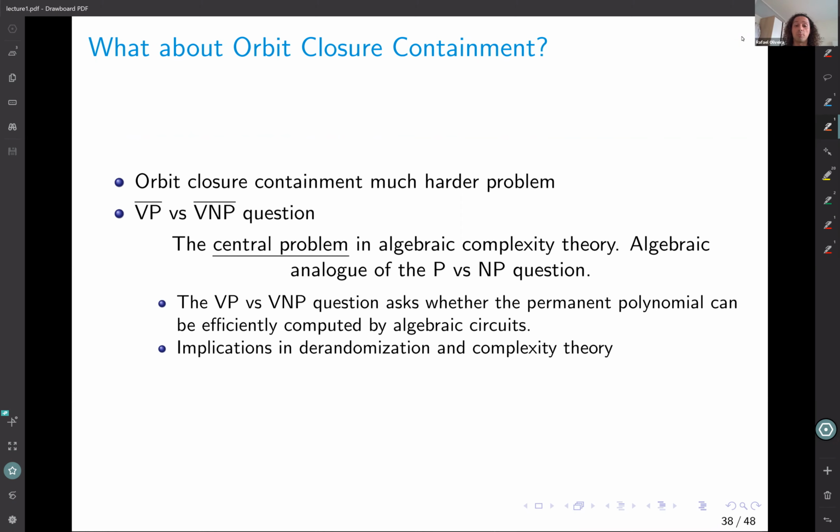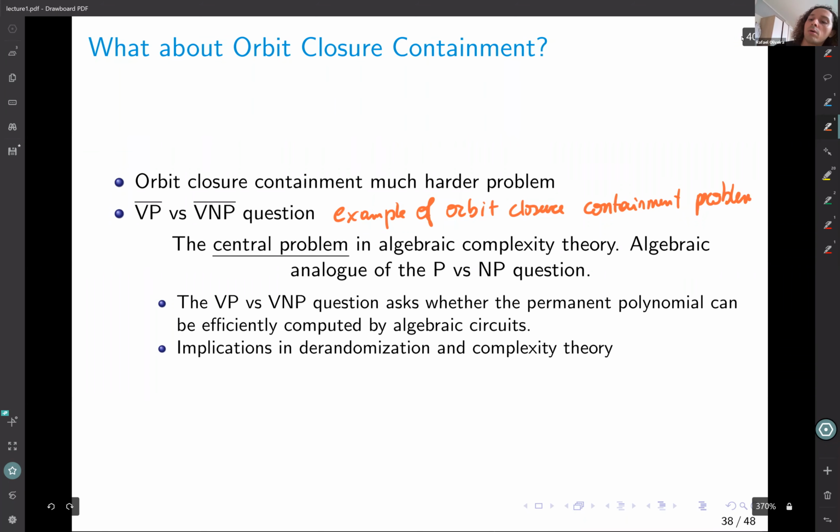So the central problem in algebraic complexity theory is actually an example of an orbit closure containment problem.